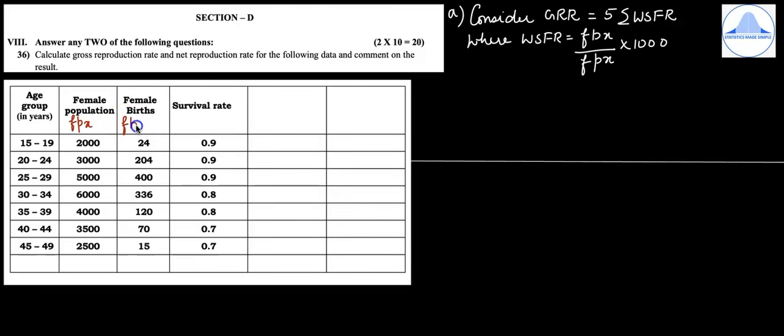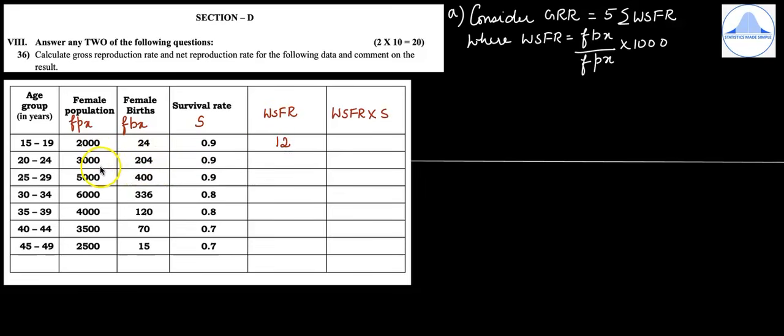Female births means FBX and the survival rate is S. Let us form the column WSFR, and I will also form the next column WSFR into S, which we will require for the net reproduction rate, that is NRR. So WSFR is 24 divided by 2000 into 1000, that will be 12.